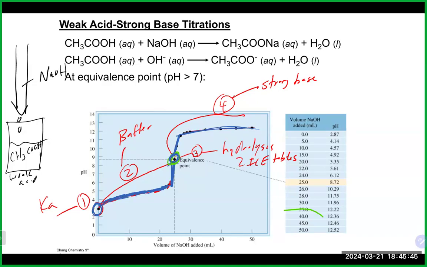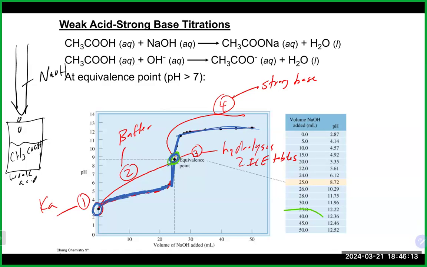Even with the first one, if I know I'm at the very beginning, before I add anything, it's a strong acid. If I'm before the equivalence point in the first one, I know I need to do an ice table to figure out my strong acid concentration. Still a strong acid problem. If I'm at the equivalence point in the first type of titration we did, I know it's a pH of 7. I don't have to do much. And if I'm past the equivalence point, I know it's going to be a strong base problem, so I need an ice table to figure out my strong base.